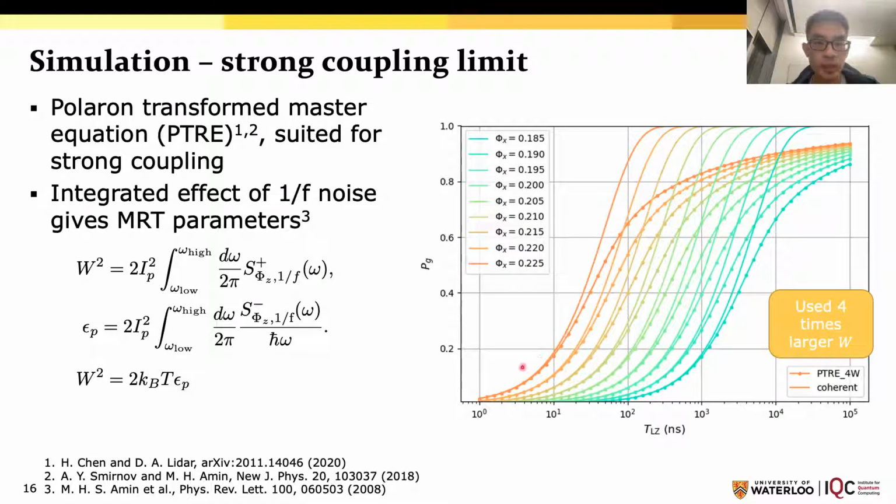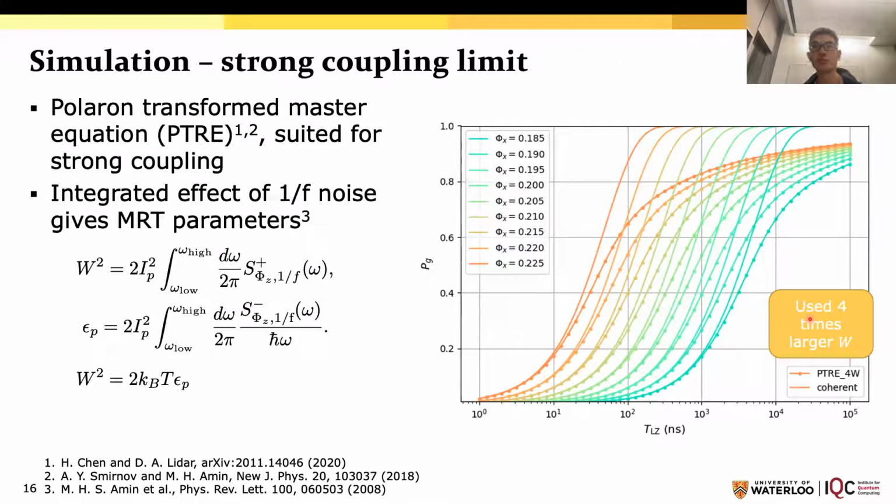And running the simulation gives that the final ground state probability just increases monotonically with increasing sweep time. And here I also have to use a 4 times larger MRT width than was predicted using our 1/f noise amplitude.